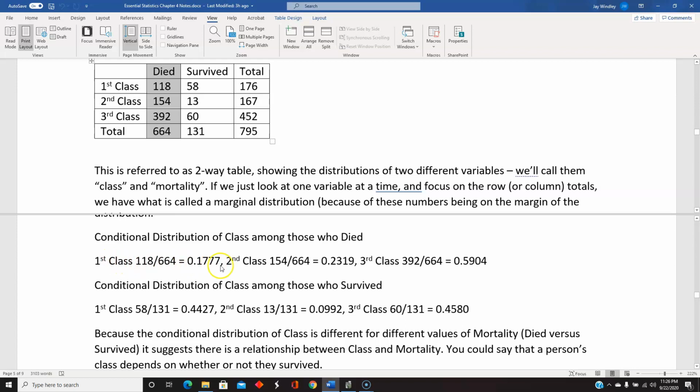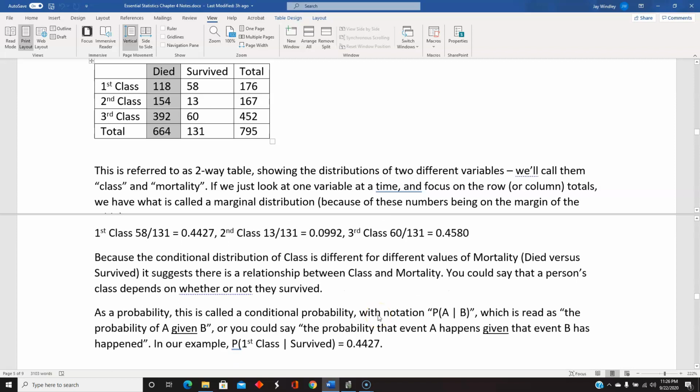Because this distribution of what class people are in is different when you look at those who died compared to those who survived, that's the first step of seeing that there's a relationship between whether or not somebody survives and what class they're in. Or we should say a relationship between the variable class and the variable mortality.